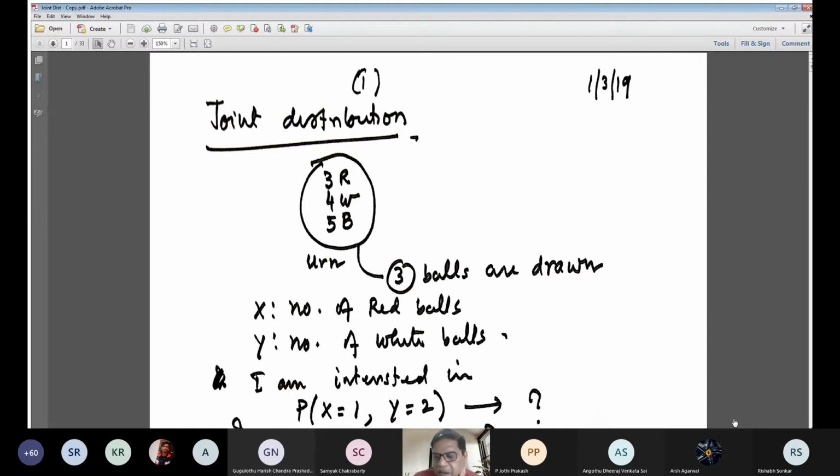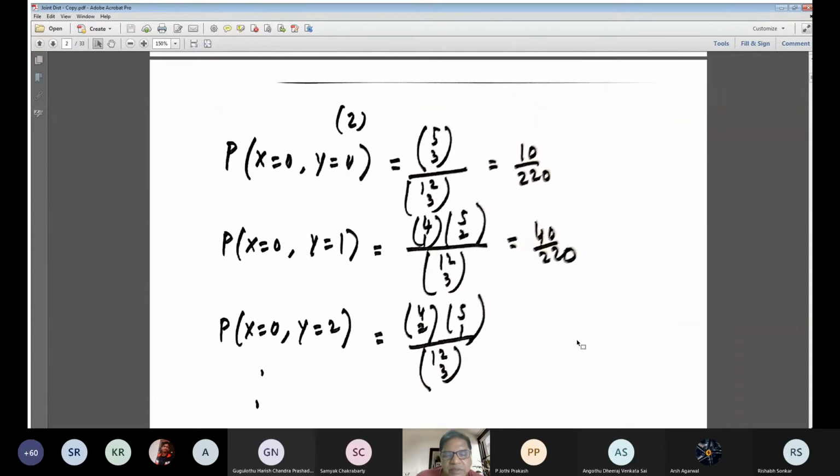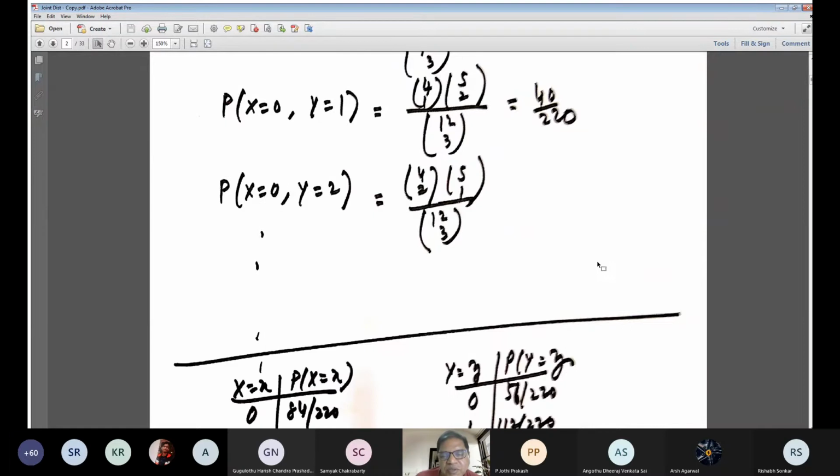So in the last class, we developed the concept of the joint distribution, and through one of the examples, I gave you the idea of how the joint probabilities are calculated.